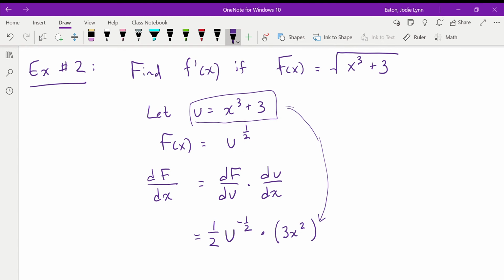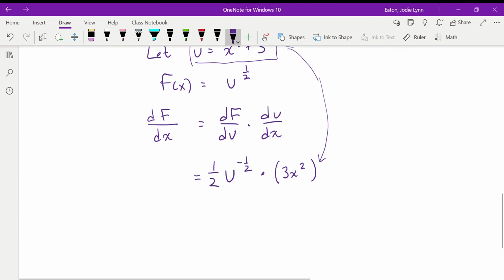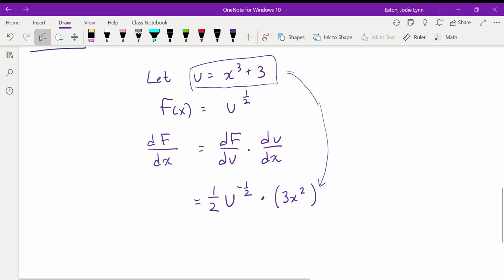Now again, we're going to want to replace our u with what we started with. And let's sort everything out. In the numerator, we're going to have a 3x squared. In the denominator, we're going to have a 2 u to the 1/2 because the negative puts it in the denominator. So in the numerator, we have our 3x squared.